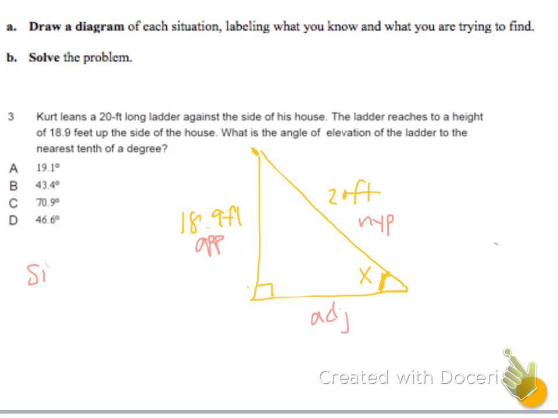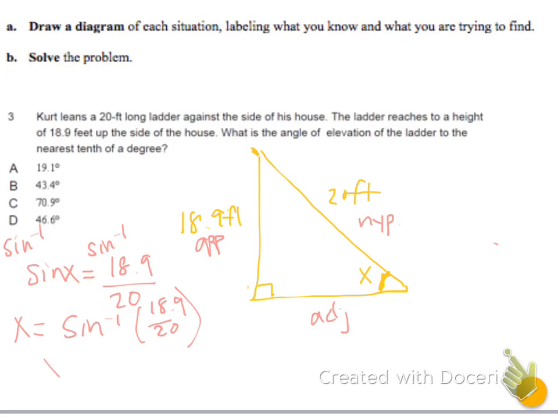So sine of x is equal to that 18.9 because it's my opposite side over my hypotenuse. So this time we're going to do the inverse of sine to get rid of it. So x will equal the inverse of sine of 18.9 divided by 20. So when you plug all that into your calculator, you should get x to equal 70.9 degrees. So C.